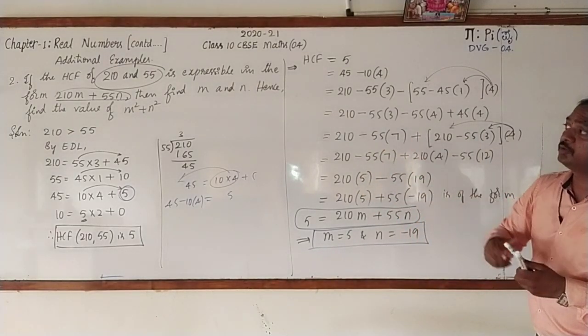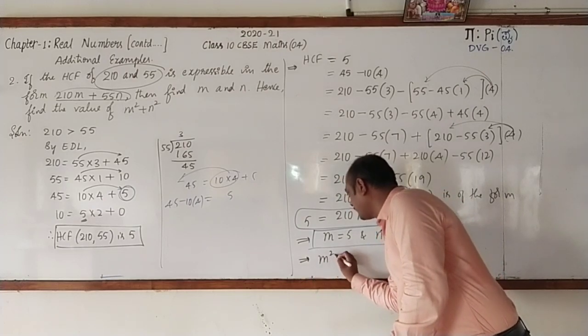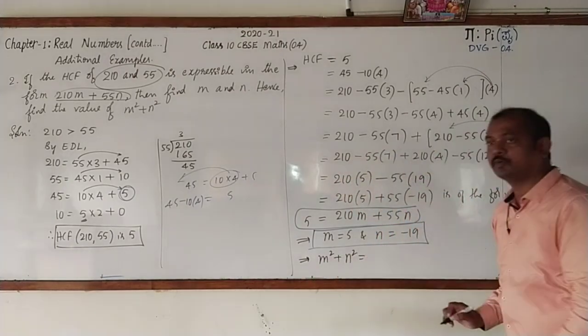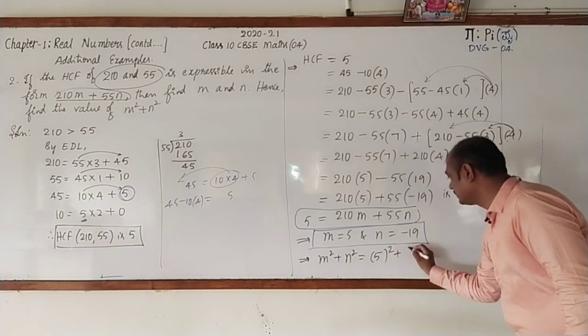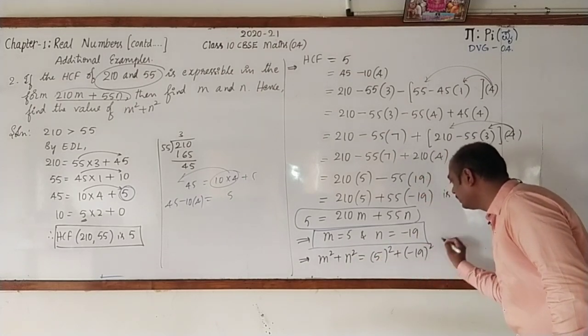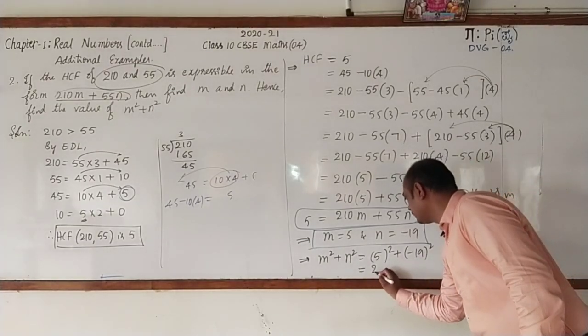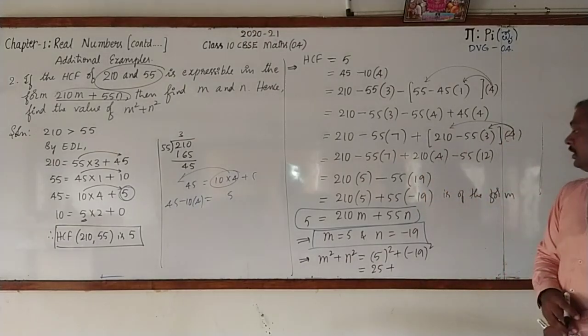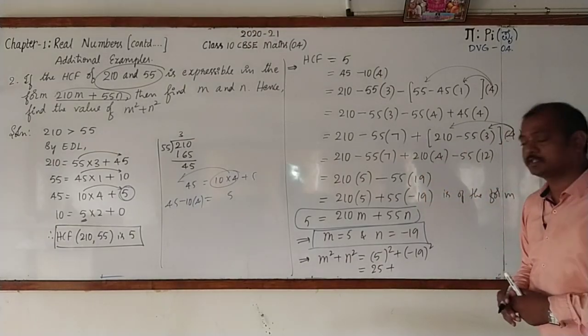Next what we have to find out? m square plus n square. m square plus n square is equal to, where m is 5, whole square, plus n is minus 19, whole square. It is equal to 5 square is 25. 19 19s are 361.